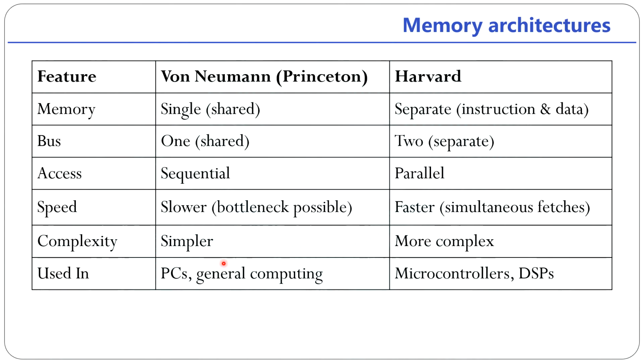Complexity: this one is simple, only one bus is required, but this is more complex as compared to this. The von Neumann architecture is used in PCs and general computing, but Harvard is used for microcontrollers and DSP.